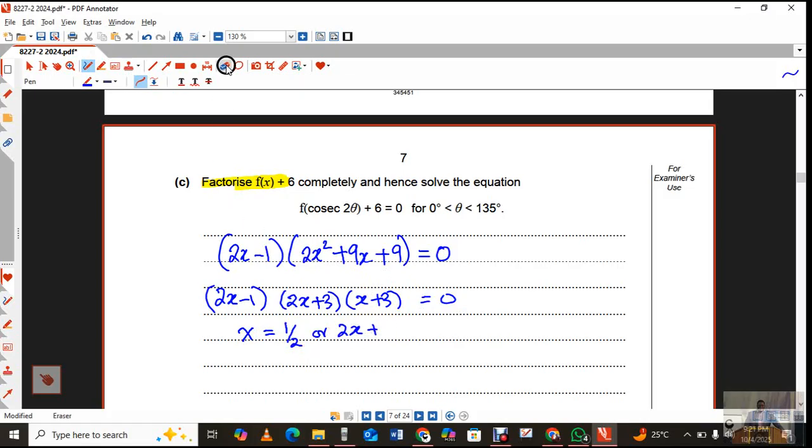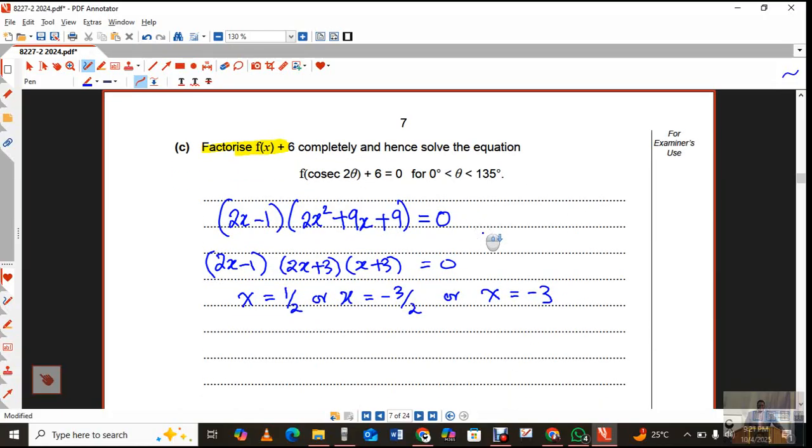So I'm writing the roots as they are because every bracket will equal 0. So again, x equals negative 3 over 2, or x is equal to negative 3. Those would be the roots, the solutions. But that's not what we're looking for. There's a similarity here between f of x and f of cosec 2 theta.